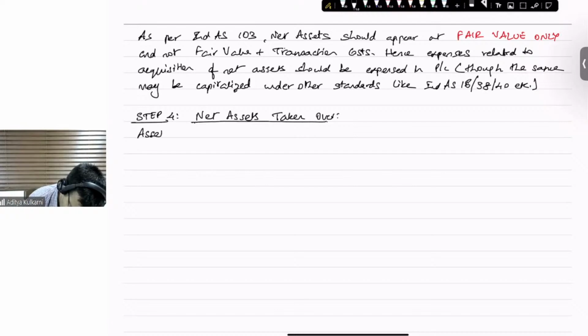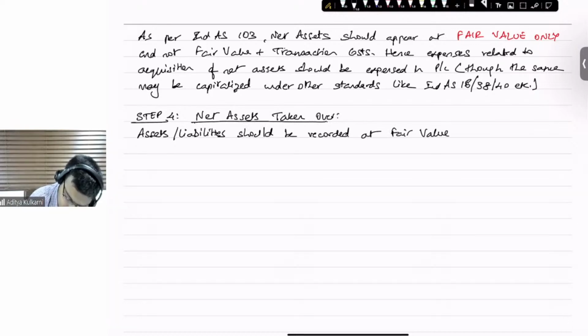So assets and liabilities should be recorded at fair value on the date of acquisition.